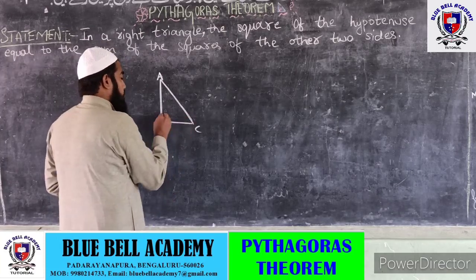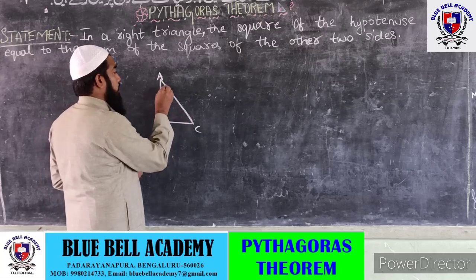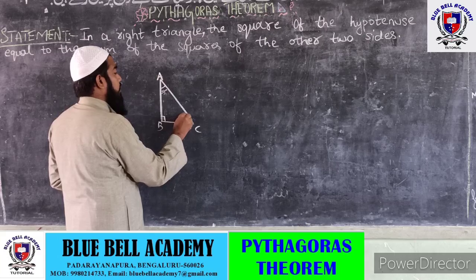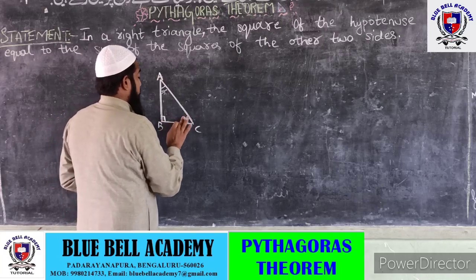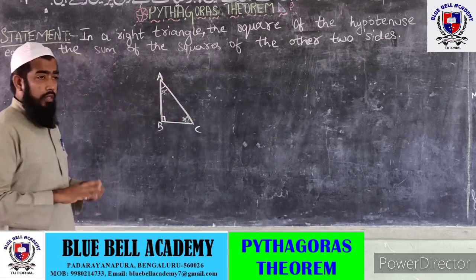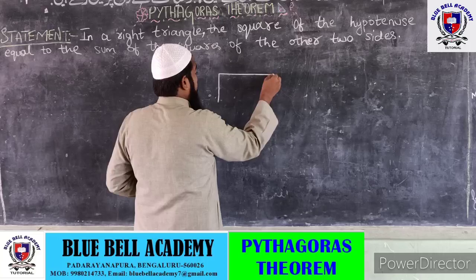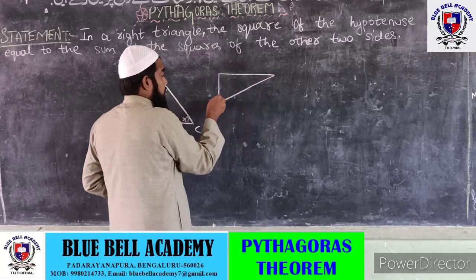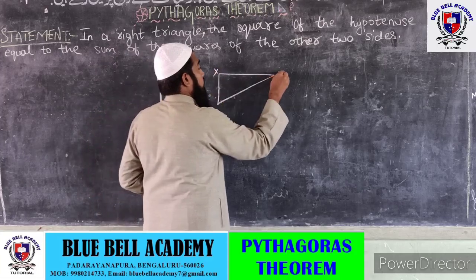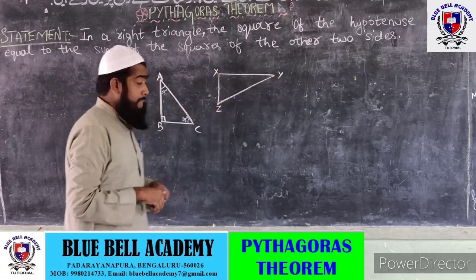Suppose this angle is 90 degree, this angle is 55 degree and this angle is, sorry, 35 degree. And we have another right angle triangle, and let its name be XYZ.